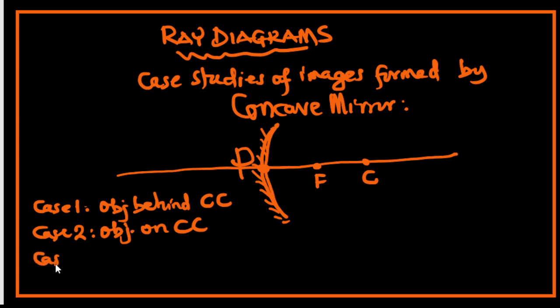Case 3, object between center of curvature and the principal focus. So you can easily tell where the object is, somewhere between F and C.